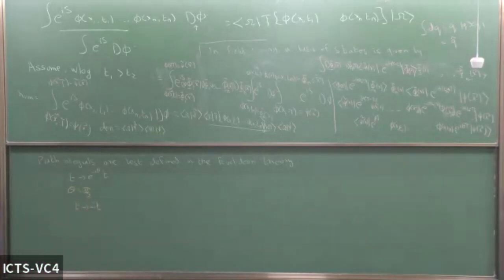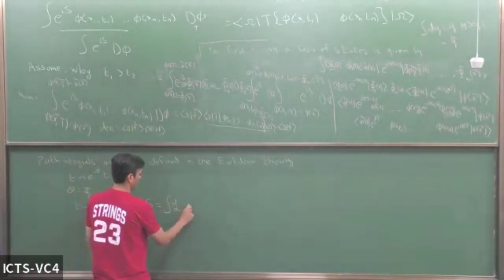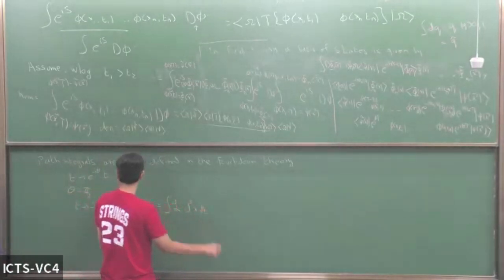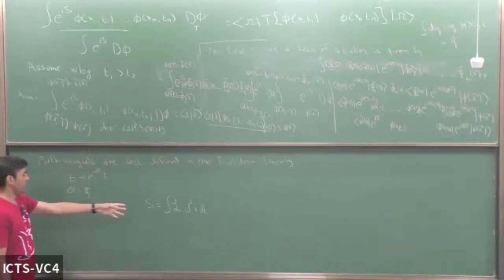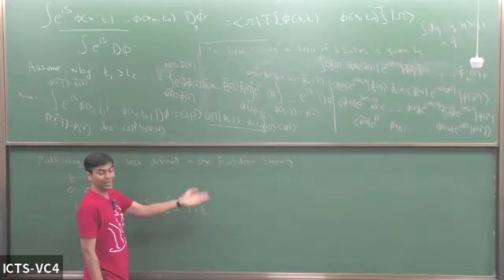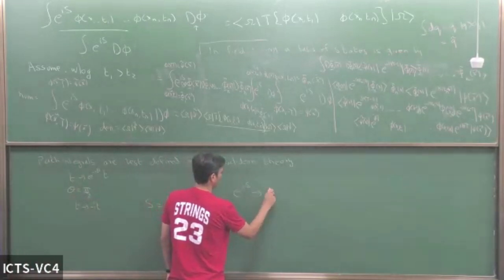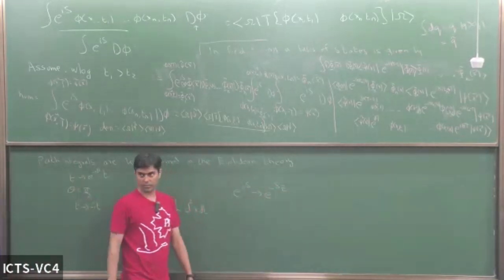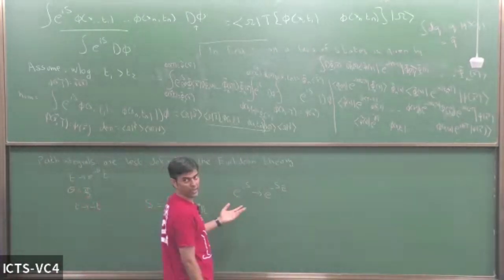You see, with this insertion, what happens is that you find e to the i S, remember S itself has some integral of L with d3x dt. Now, if I instead integrate over the imaginary axis, then this e to the i S just goes to e to the minus S_E, where this S_E is just the integral of this, but over the Euclidean time.